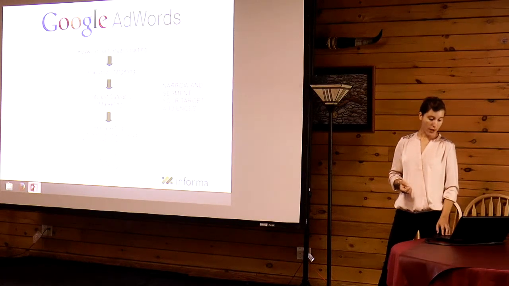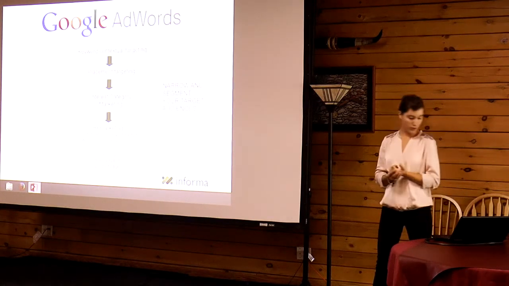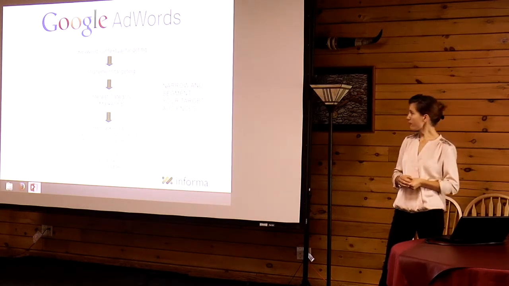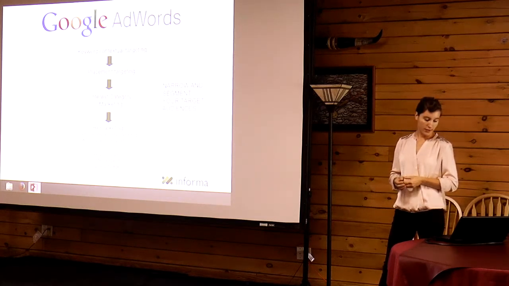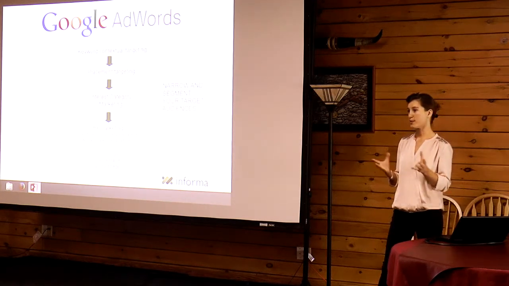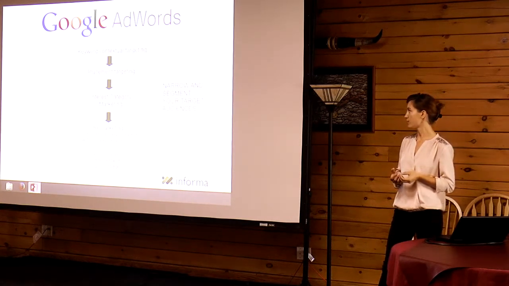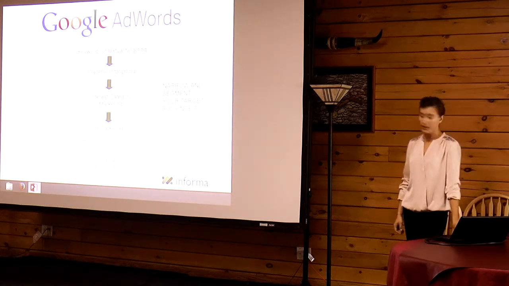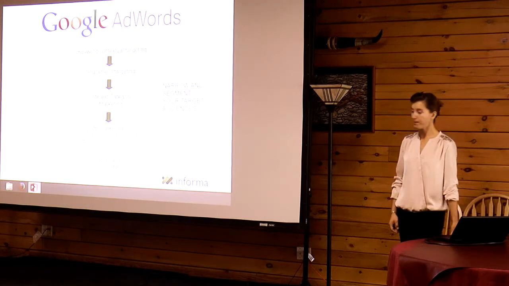We can look at remarketing as a specific use of the wider display or content network. In Google AdWords, you have different targeting tools that you can choose to deliver ads to a specific segment of visitors, of web users. We have keyword contextual targeting.